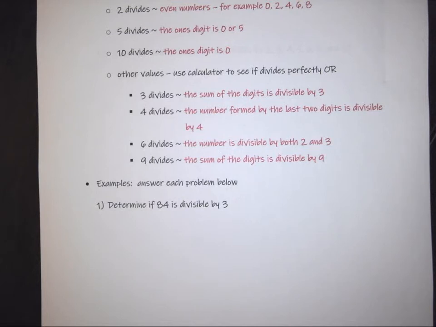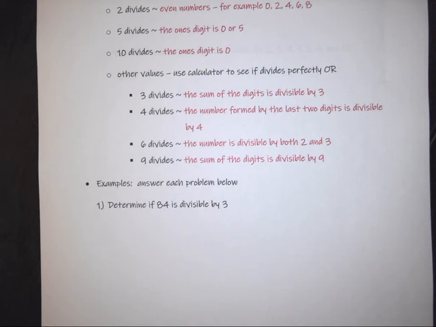Now, 6 and 9 are similar with slight differences. When we're talking about divisible by 6, it means that whatever number you had has to first be divisible by 2 and then also be divisible by 3.